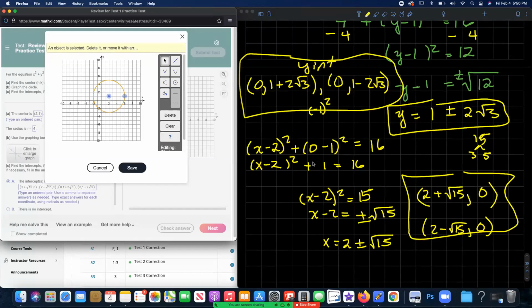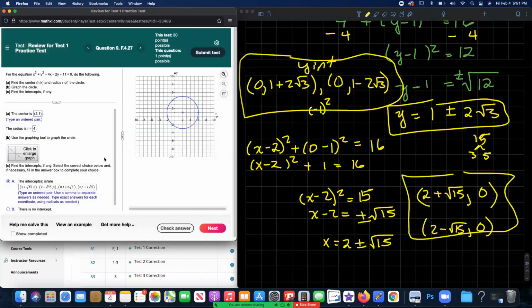And then for the other one, we got 2 root 15. Well, root 15 is really close to root 16, which would be 4. So you gotta think about it as plus 4. So 1, 2, 3, and almost 4. So I'm pretty confident in my answer. So that's a way you can check to make sure your answer makes sense after you've graphed it.